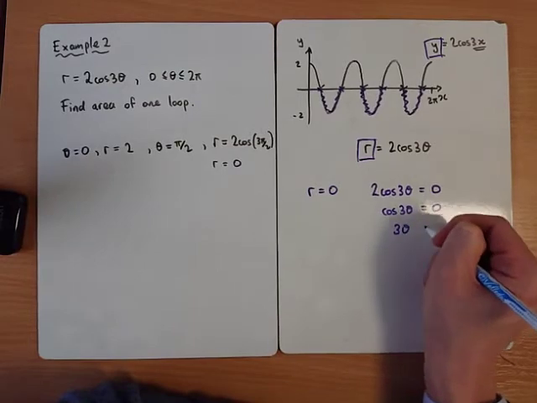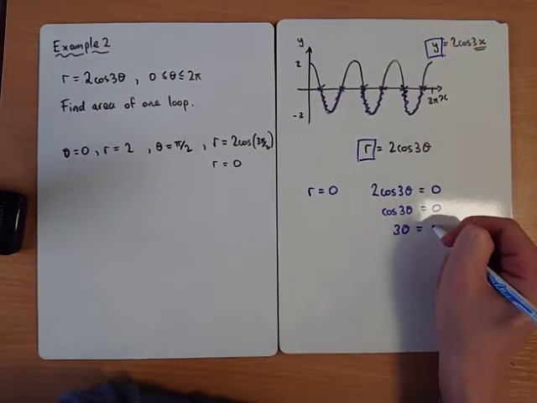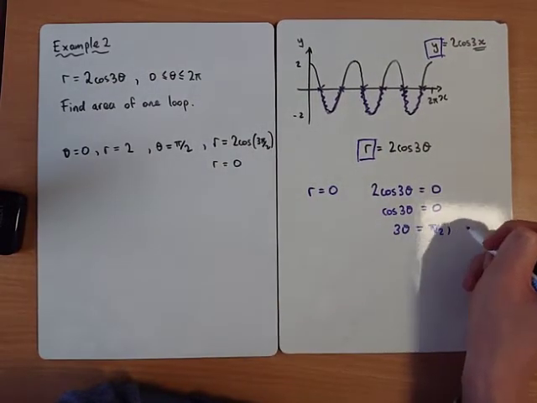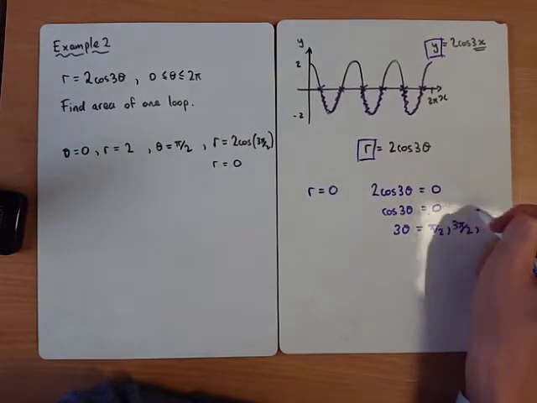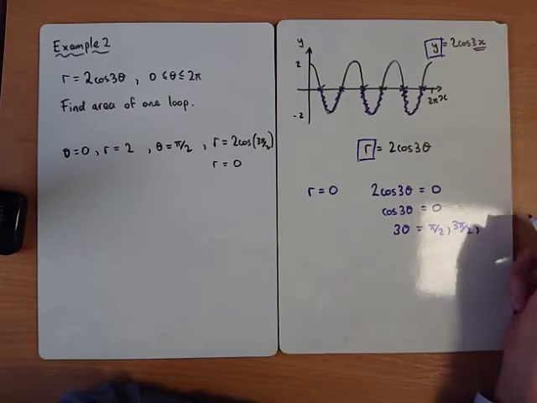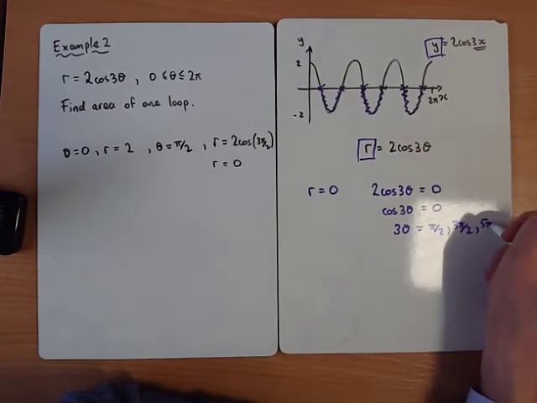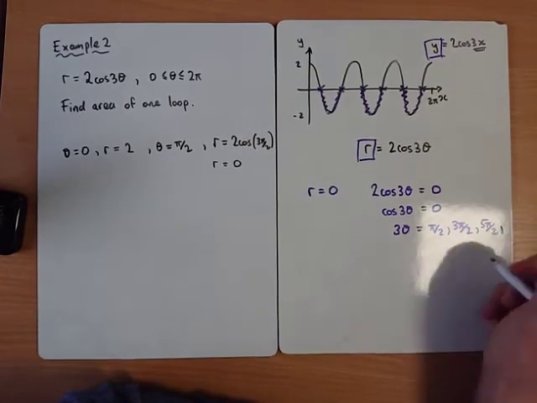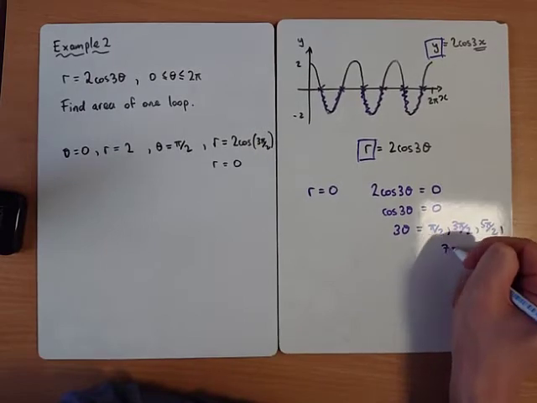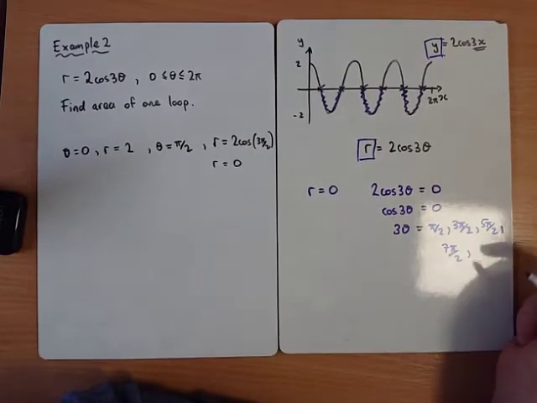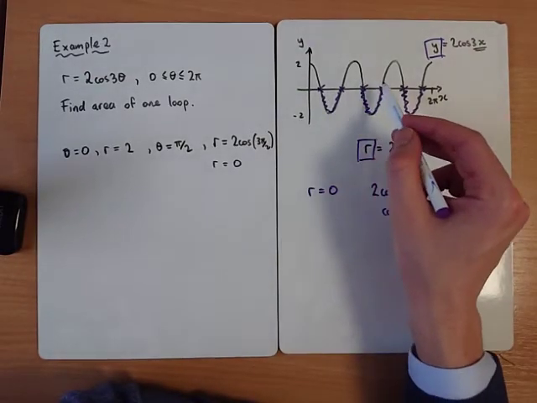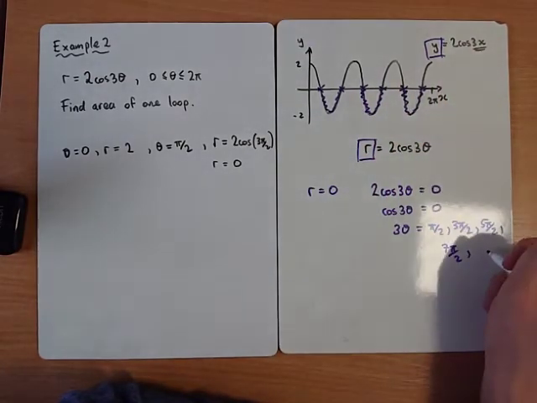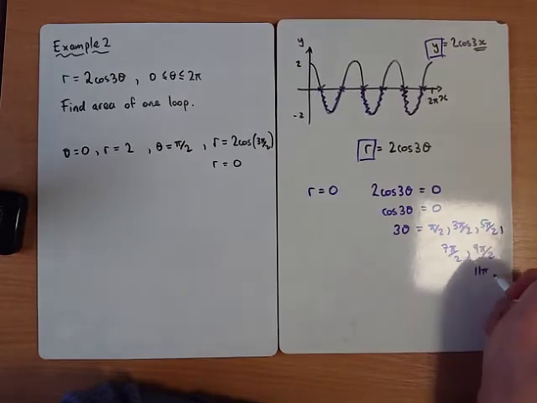So 3 theta would equal pi over 2, 3 pi over 2. Add on 2 pi because we're going to need more values: 5 pi over 2, 7 pi over 2. We're looking for 6 solutions, so 9 pi over 2, and 11 pi over 2.